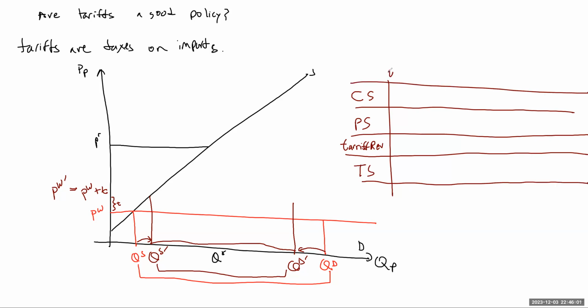This is without tariff. This is with tariff and change. What happened to consumer surplus, producer surplus, tariff revenue, and total surplus once tariffs are implemented?